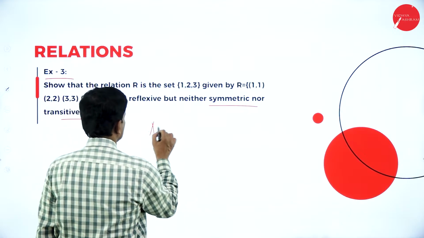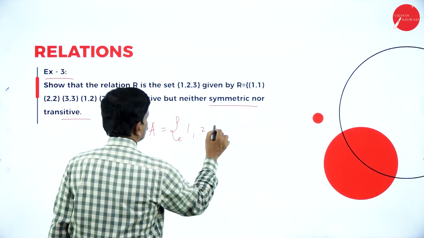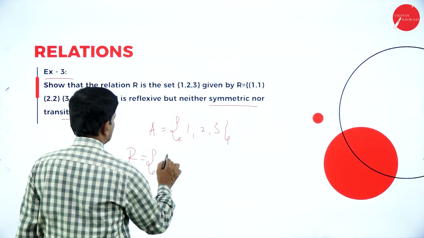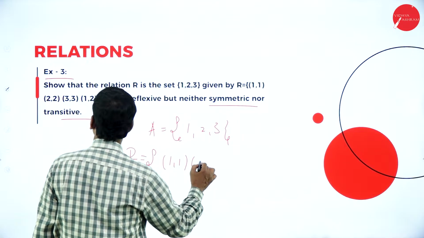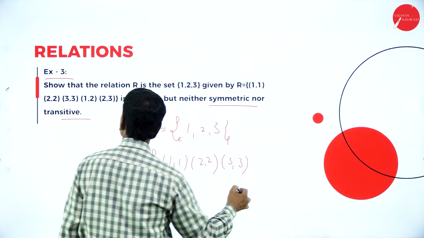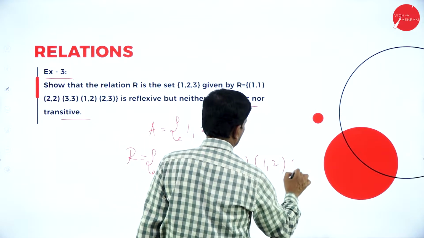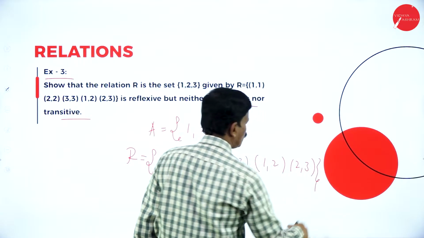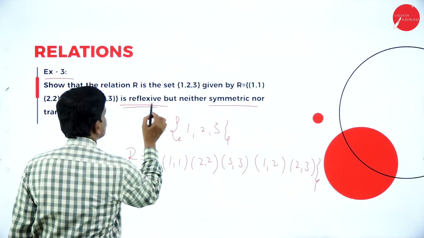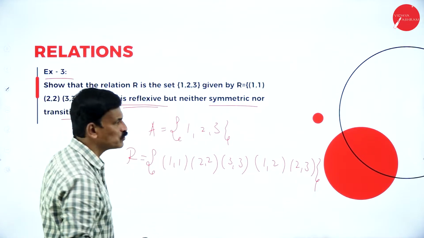The set is A = {1, 2, 3}. The relation is R = {(1,1), (2,2), (3,3), (1,2), (2,3)}. We just need to verify that it is reflexive but neither symmetric nor transitive.